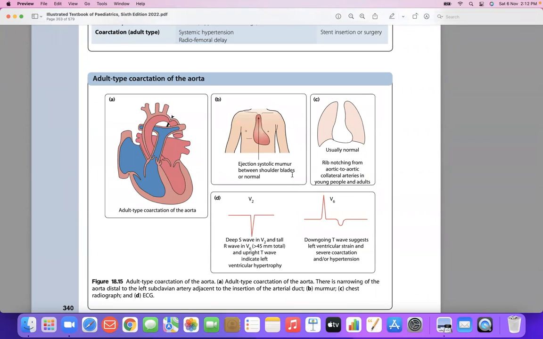And here what happens? Ejection systolic murmur between the shoulder blades. Here he has shown the arrow. Where do you see it? Behind, in the upper part between the shoulder blades. This is the position of the murmur you hear on the back.